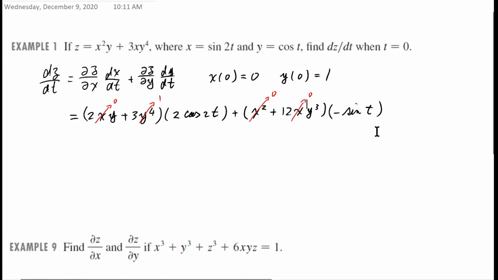This whole thing dies anyway. So the only thing that is left is this is 3 and this is 2, because this becomes 1, right? This is 0 anyway. So what we have is 6. How nice was that, hey? You get it?